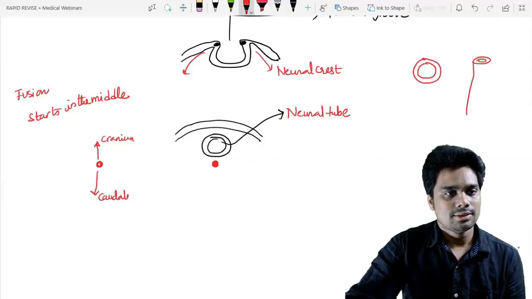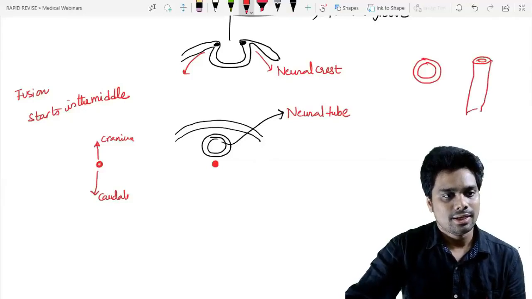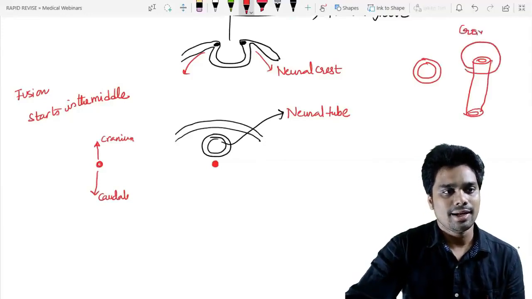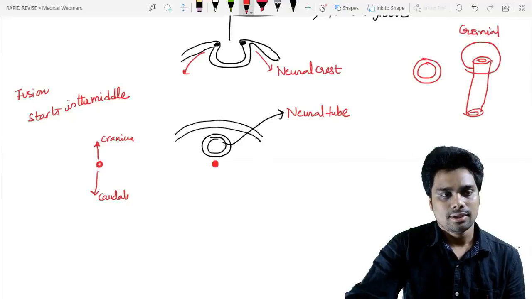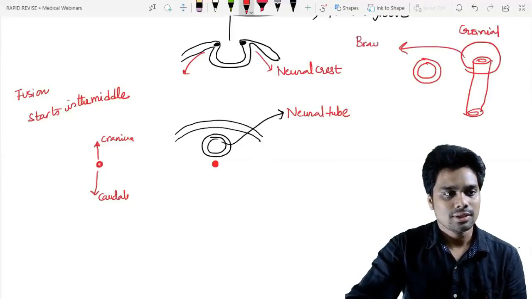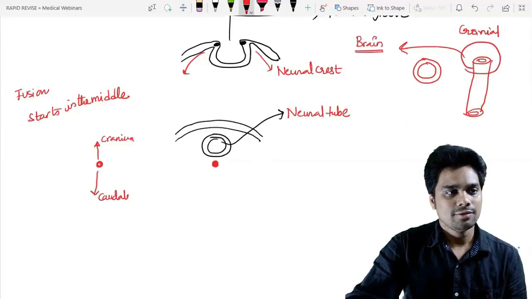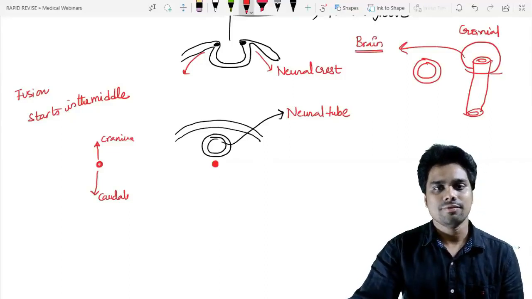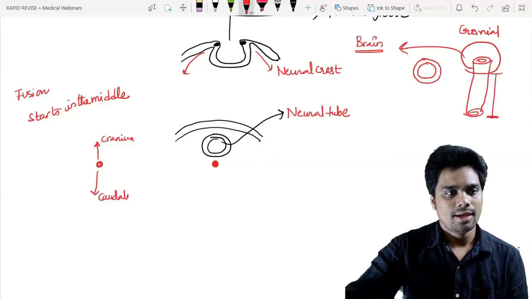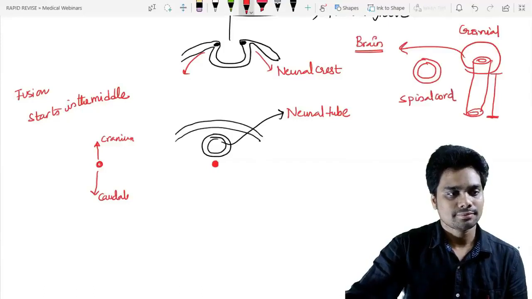Let's picturize the same neural tube in a vertical position. So this is the neural tube. There is a bulging of the neural tube at the cranial end. This bulging later forms the brain of the central nervous system, whereas the caudal portion lying outside is the spinal cord part.